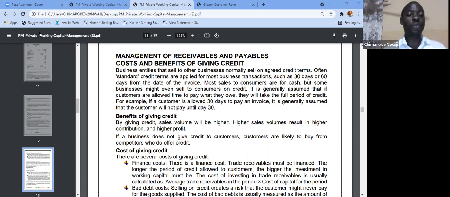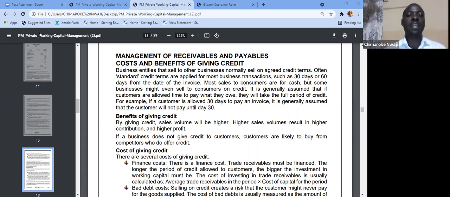If you receive goods on credit, you are now the debtor, and the person giving you is a creditor. So what applies to receivables also applies to payables. What are the costs and benefits of giving your goods on credit, or perhaps you receiving goods on credit?